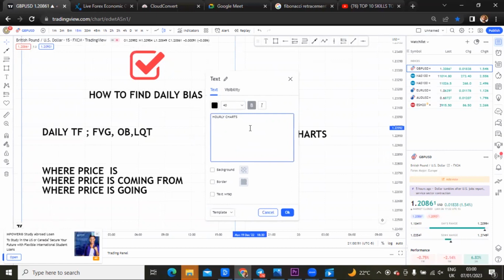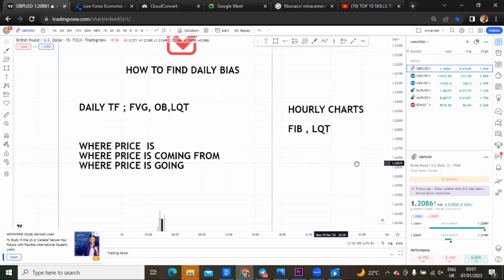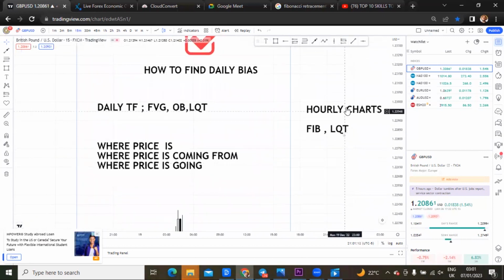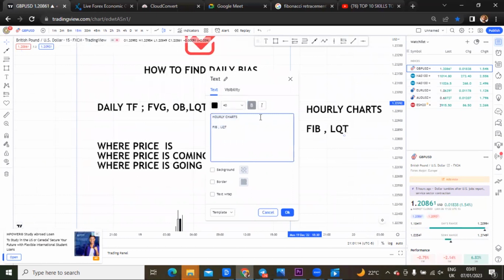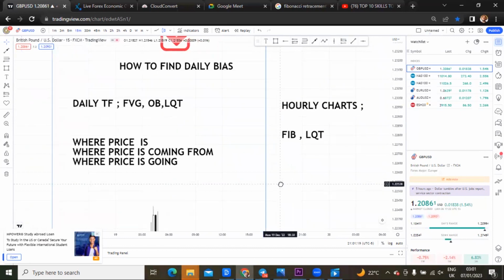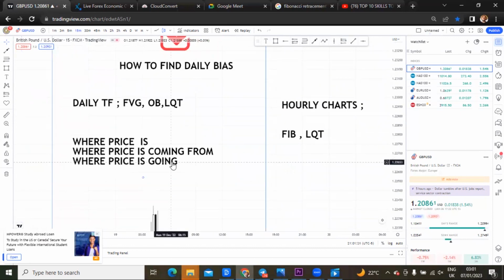What you need to do on hourly charts is Fib, basically Fib and liquidity. Obviously. All right, so let's see. I'll put a column here so we don't get confused. Okay, so daily time frame: FVG, OB, liquidity, and all that stuff.